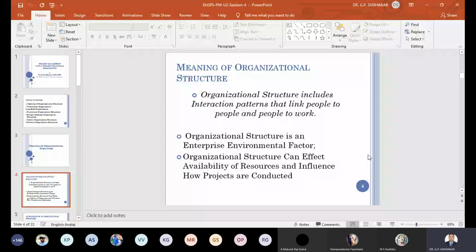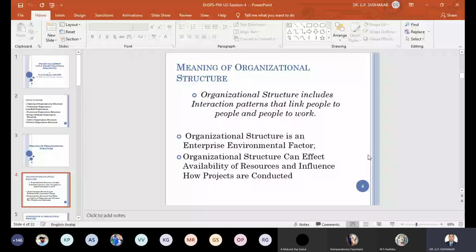See, basically, organization structure is a tool for project communications. Similarly, organization structure is an enterprise environmental variable. We discussed enterprise environmental factors, right?